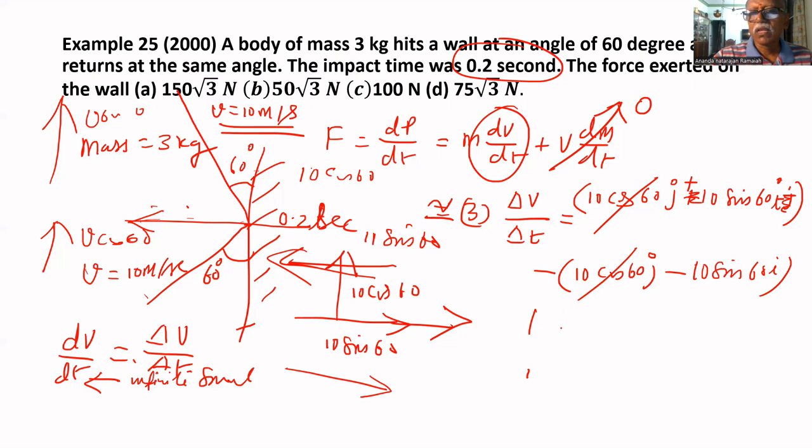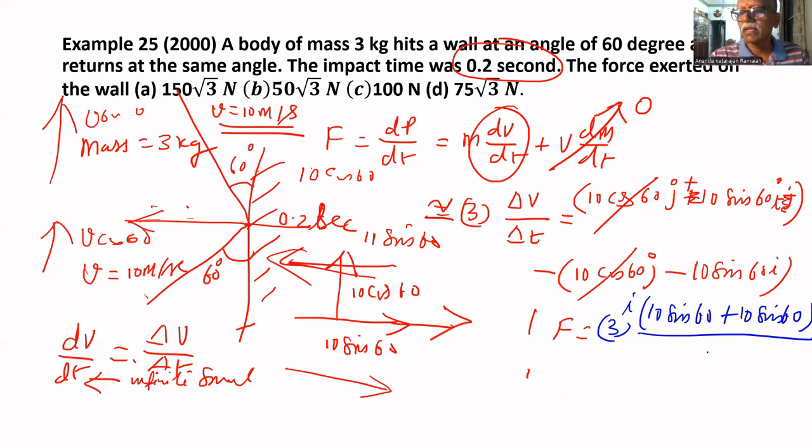Therefore F equals delta P divided by time, which is mass 3 into dV by dt. That is 10 sin 60 minus of minus, plus 10 sin 60, along the I direction, divided by delta T. Time is 0.2 seconds.